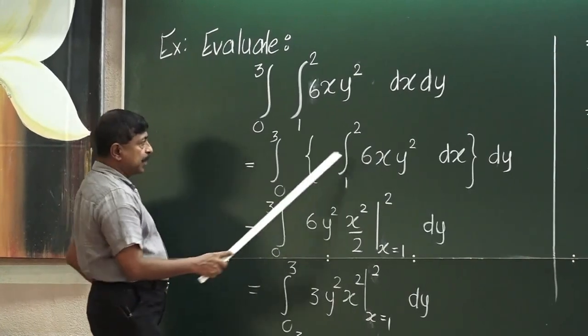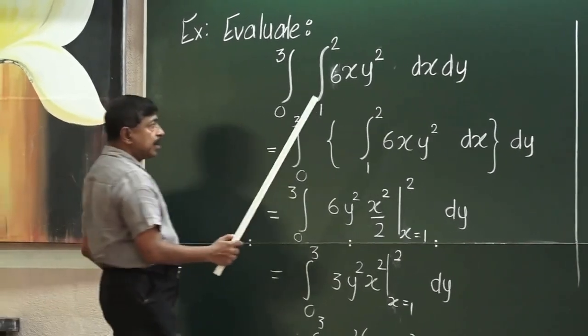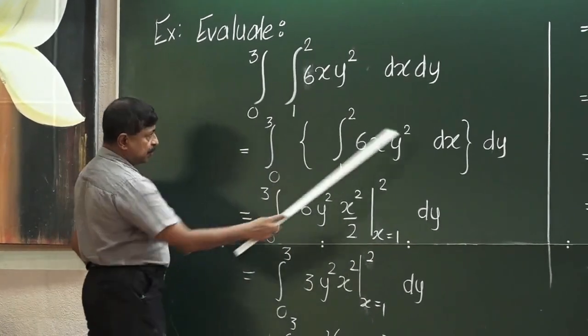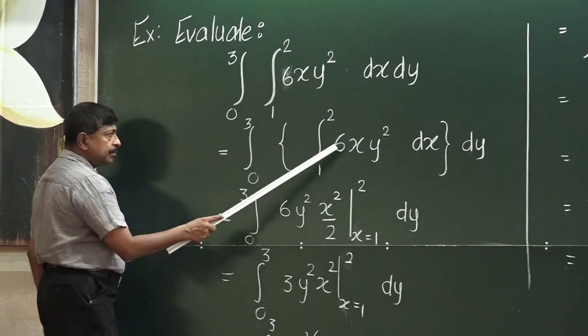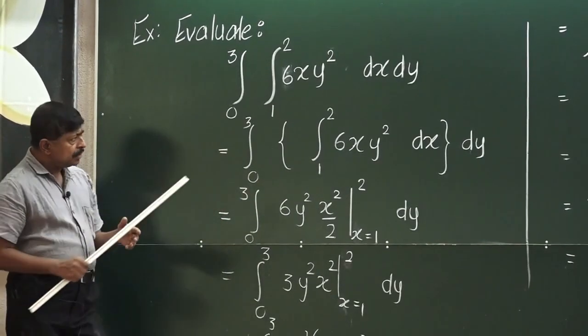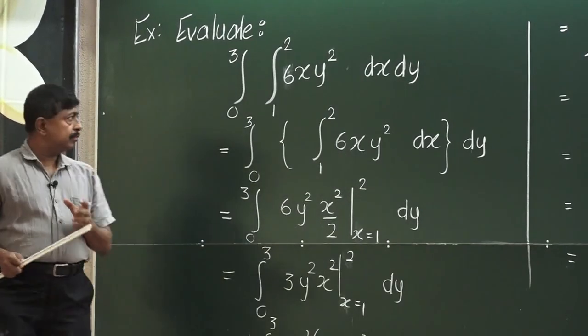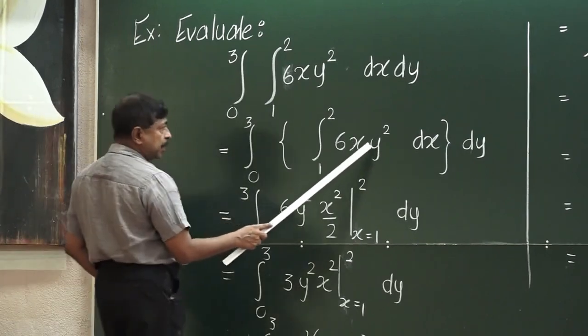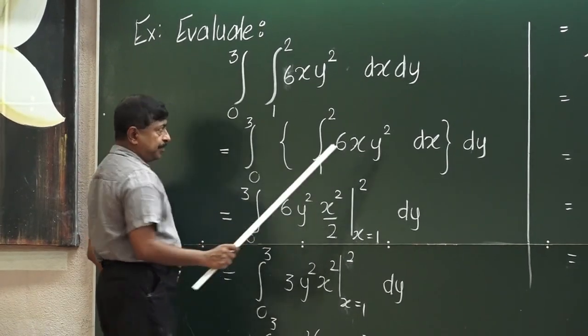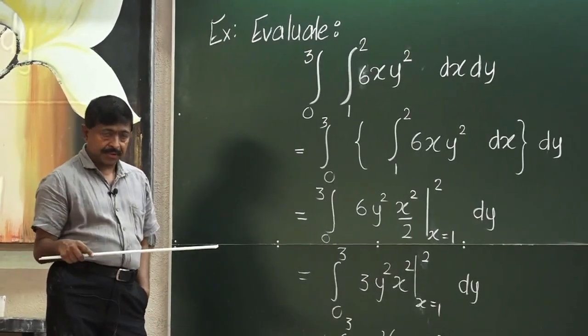For the sake of clarity you can introduce a pair of braces, then here the variable is x. However, you have two variables involved in this integrand. Therefore, you keep the variable y as a constant. You keep y as a constant.